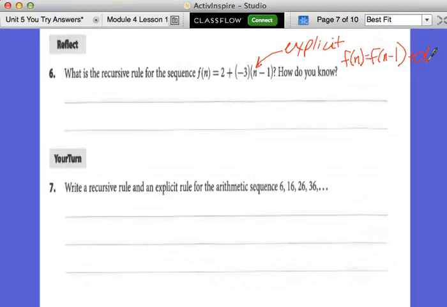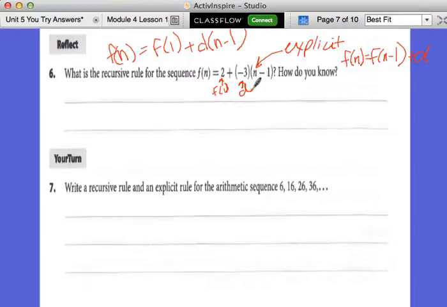For my explicit, it's f of n equals f of 1 plus my common difference times n minus 1. So here, I know that 2 has to be my f of 1, and that negative 3 has to be my common difference.